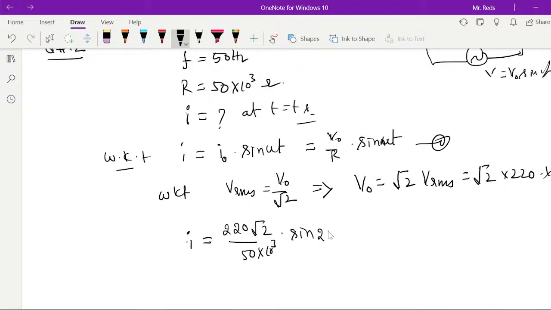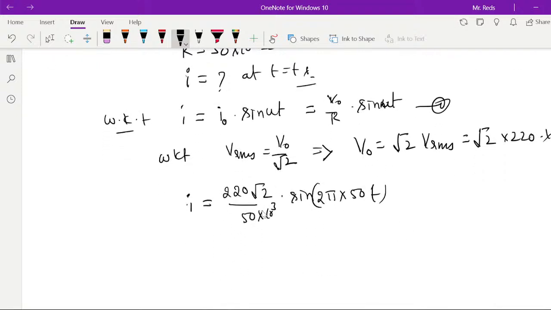So 2 pi into f, which is 50, into t. So 50 into 2 is 100 pi t. On simplifying this further, the zeros cancel. Further simplifying, 22 by 5: 5 fours are 20, 2 remains. So point again, it becomes 24.4.